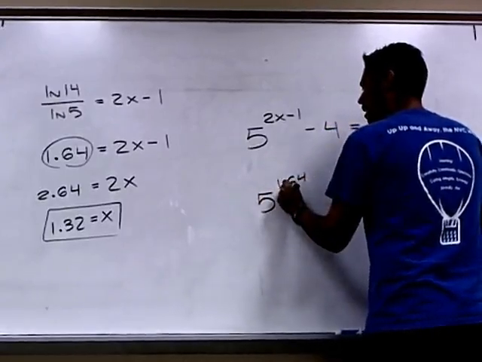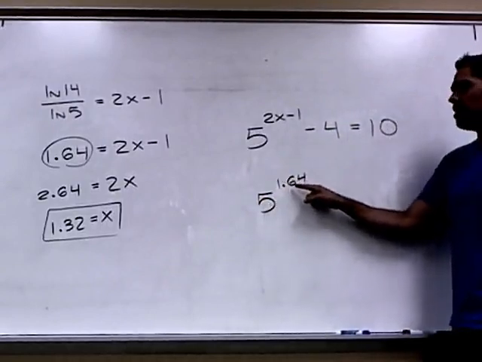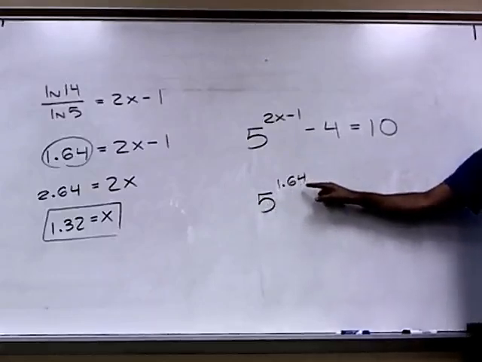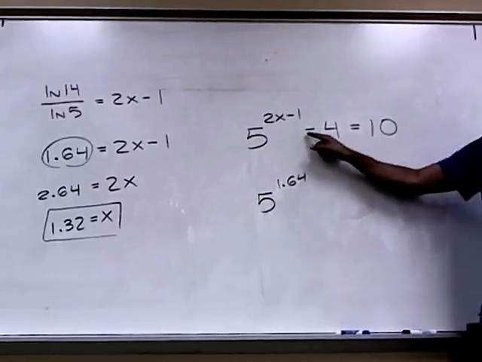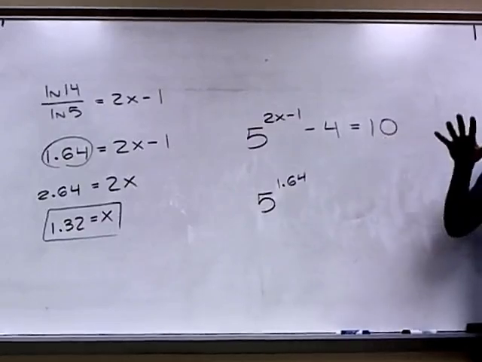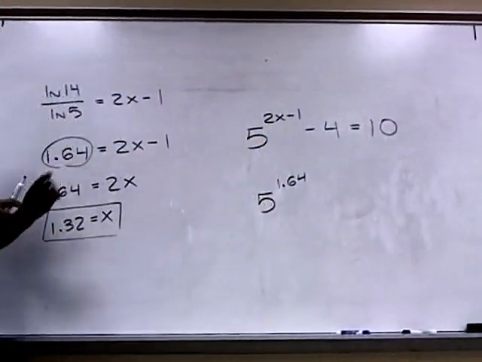Okay, someone do 5 raised to the 1.64 and tell me what they get. 14.00, and then subtract 4 from that, what would you get? 10. We solved the equation. We're off a little because we rounded, but that's okay. If we want to be more precise, we just get more decimals.